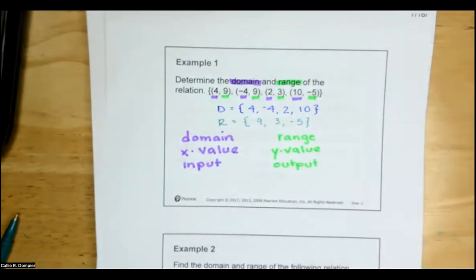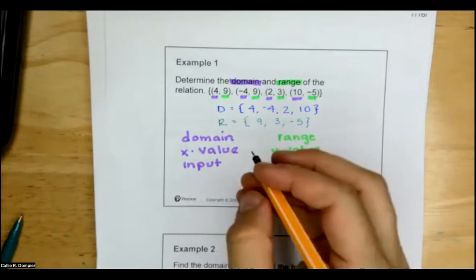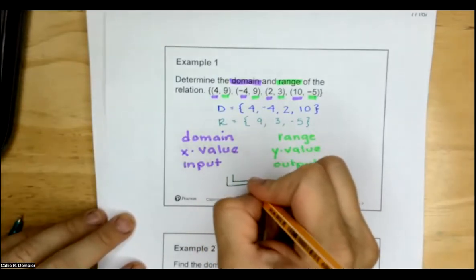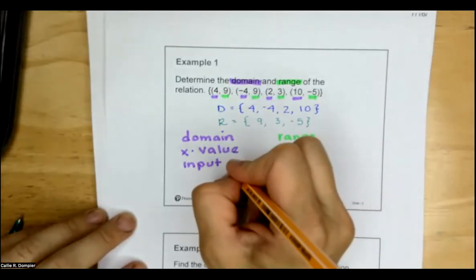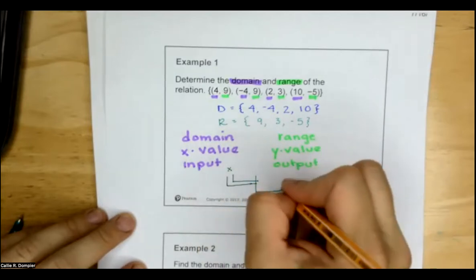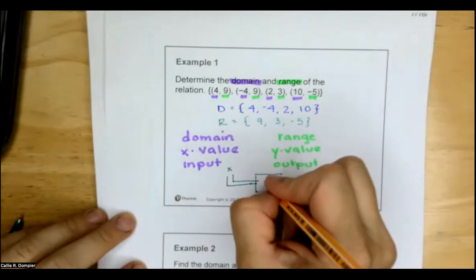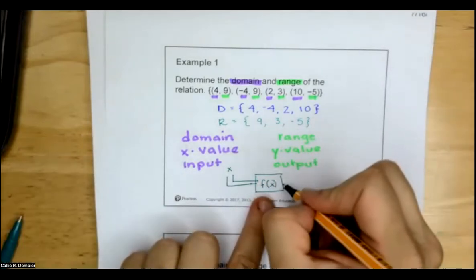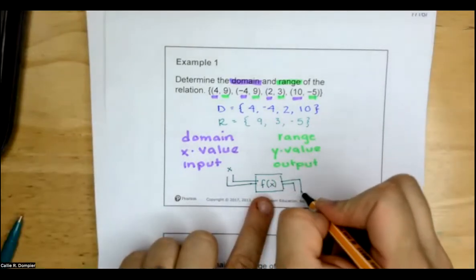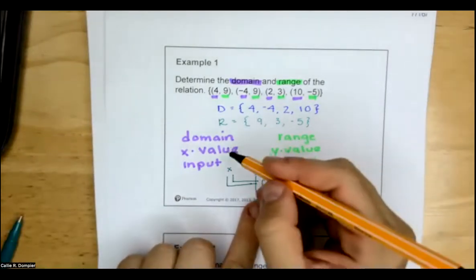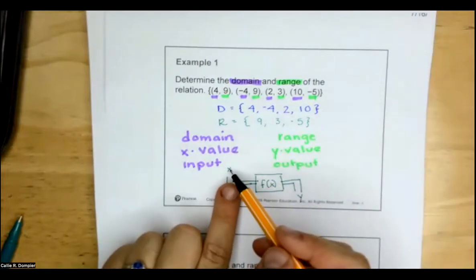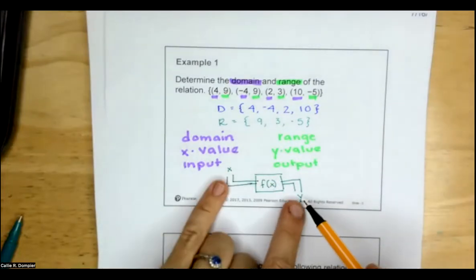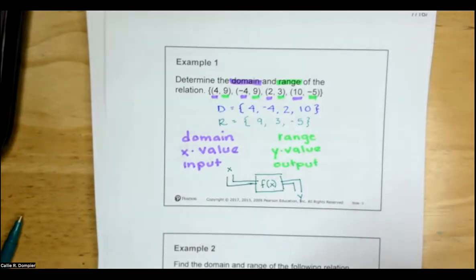Sometimes you'll see a picture, like a function set up as a picture, where you have something going in, the input. So you put in an x. I guess it's just a black box of your equation. And then out of there comes your y. So that's what they mean by input. If I input an x into the equation, I will receive out a y value.